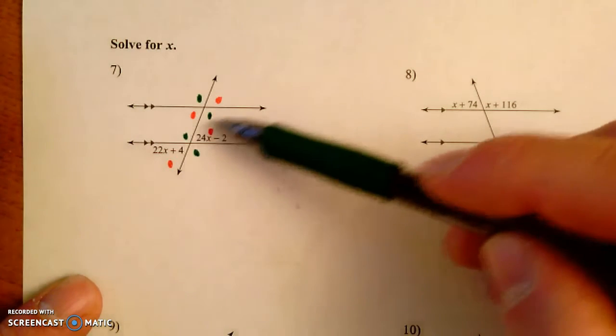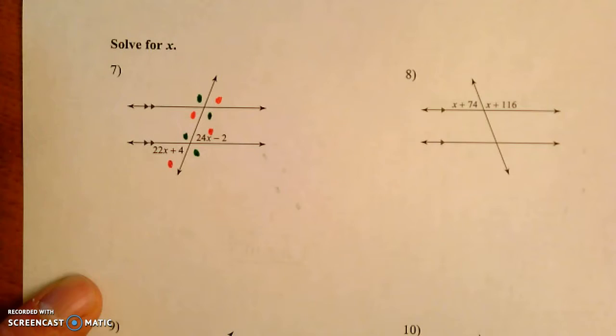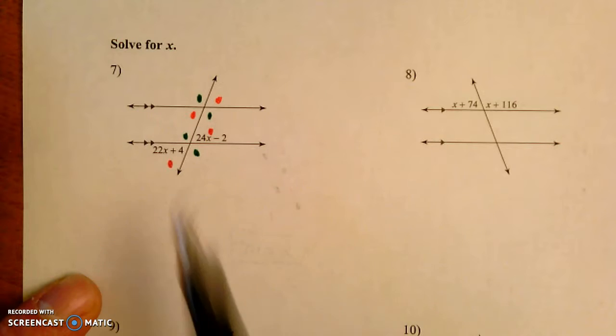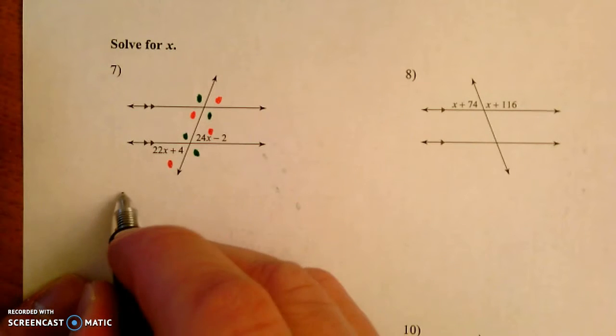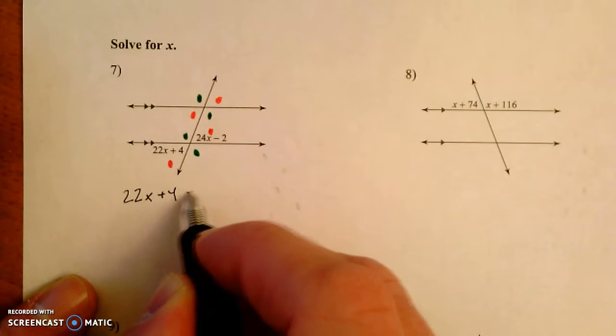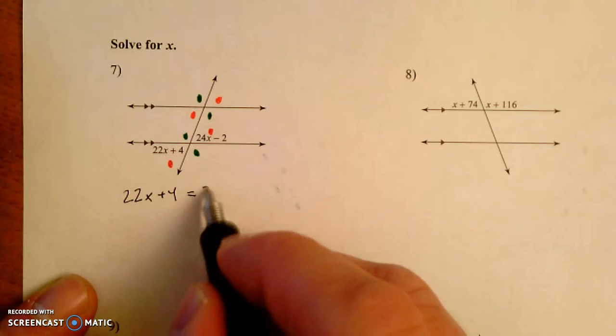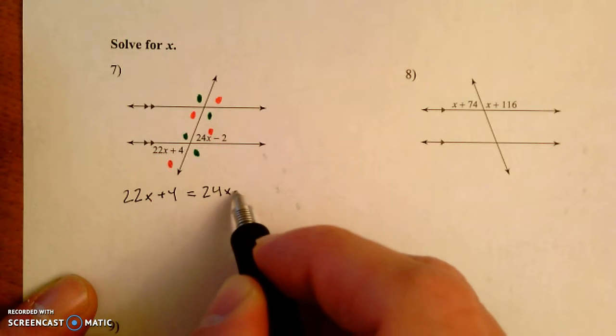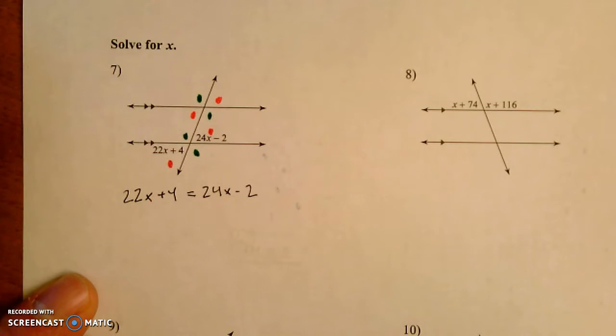Red angles all congruent. A green angle and a red angle supplementary. So we look here, and both our angles are red angles, so we set this up as 22x plus 4 is equal to 24x minus 2.